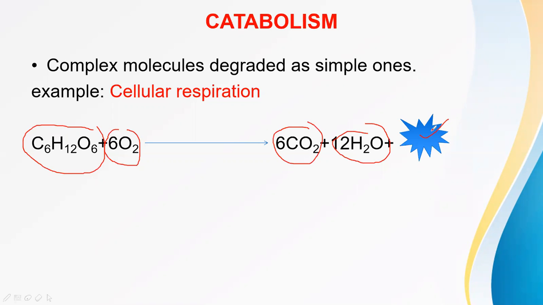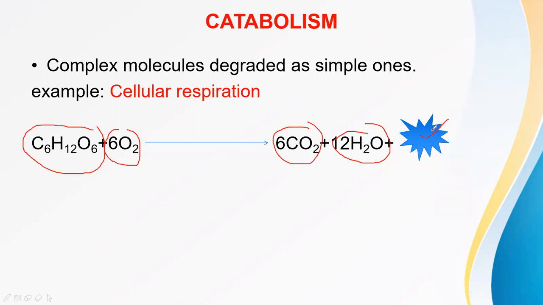During catabolism, these catabolic reactions release energy, which is stored in organic molecules such as ATP. So this ATP stores the energy until needed to do work in a cell.